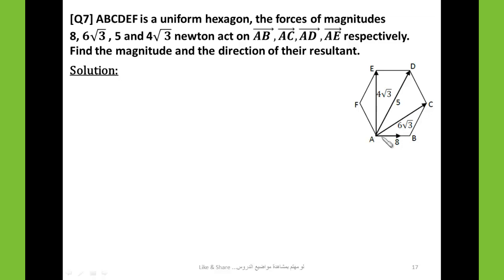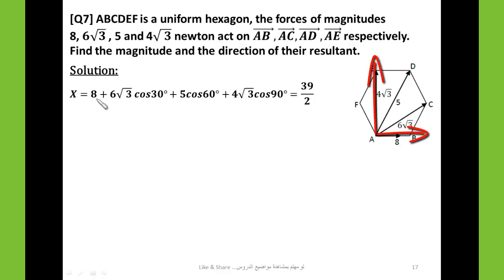Now, what is the angle between the line of action of the force 8 and the AB? It is equal 0. So the two components are 8 cosine 0 and 8 sine 0. So x equals 8 cosine 0, and the cosine 0 equals 1, so we write 8 multiply 1 equals 8, plus 6 root 3 cosine 30 plus 5 cosine 60 plus 4 root 3 cosine 90, which equal 39 over 2.